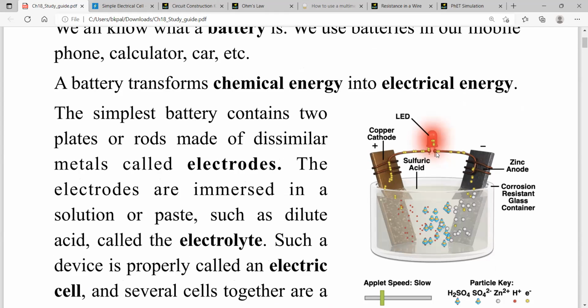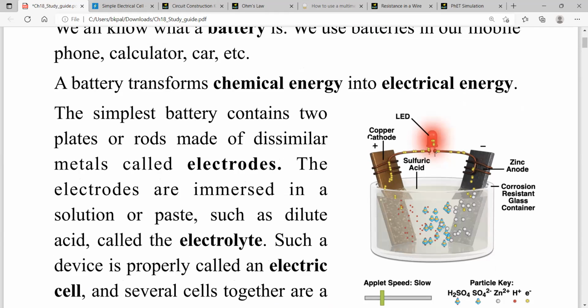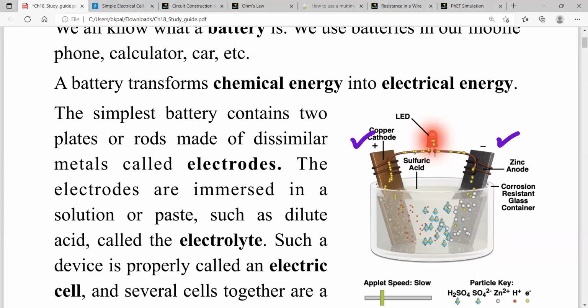Here you see that it contains two plates or rods, I mean this one and this one. One plate is made of copper and another is made of zinc. Normally they are made of two different metals.